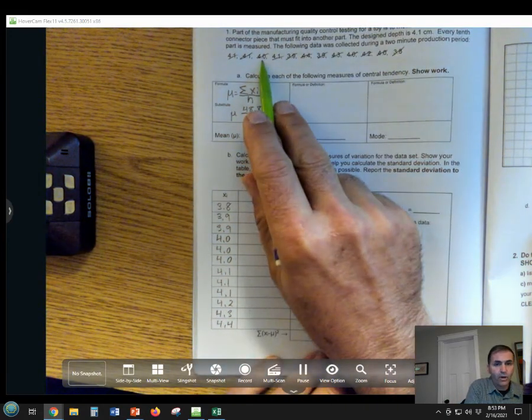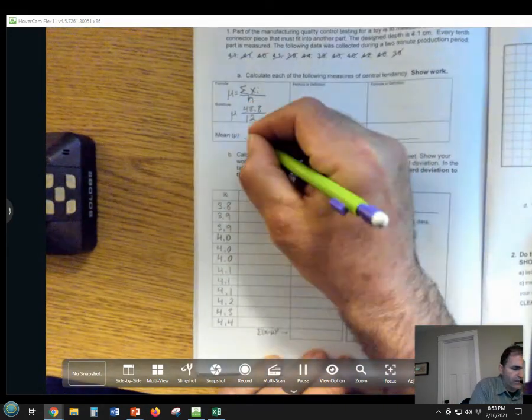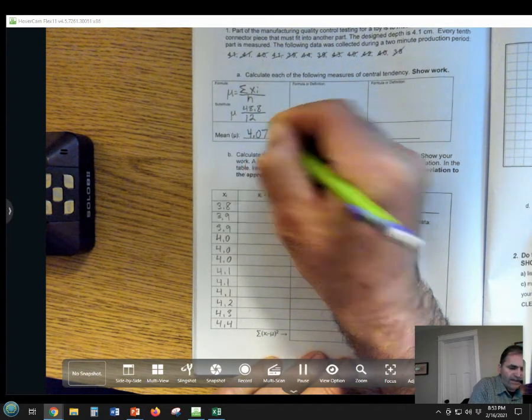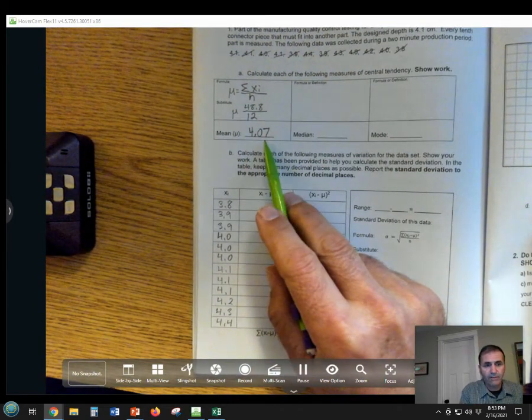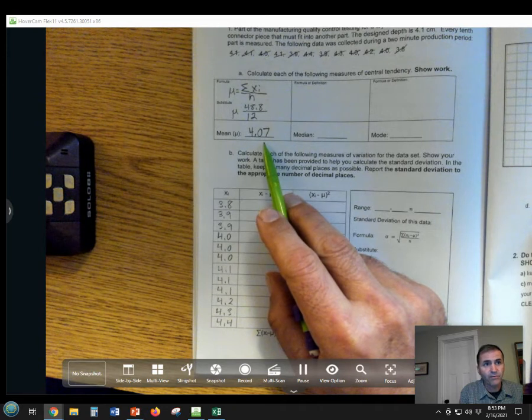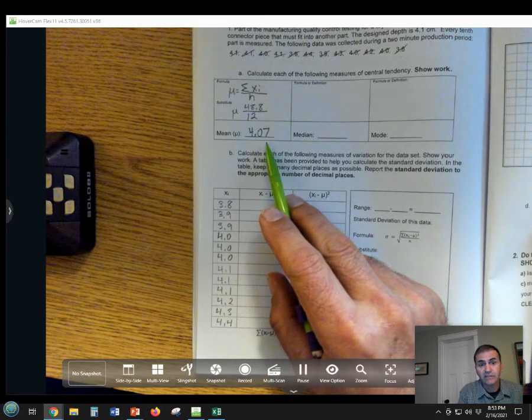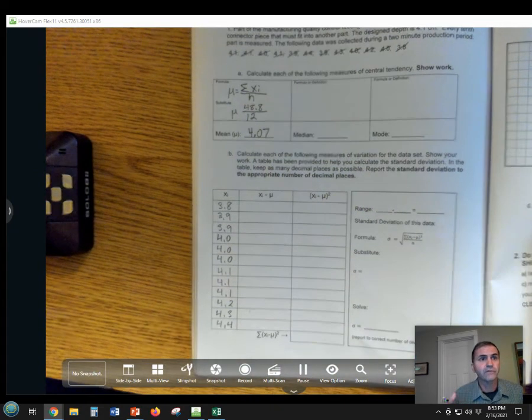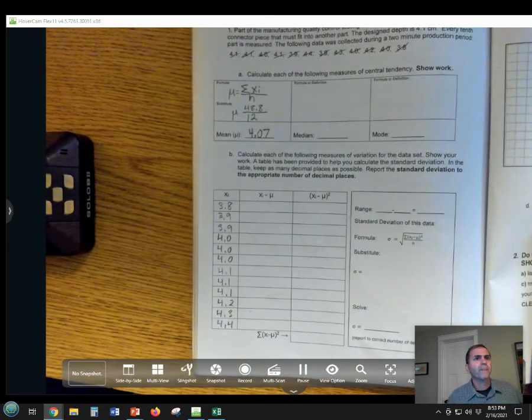Our data set has 1, so we're going to go to 2. So that would be rounded to 4.07. If you wrote down 4.06, I don't know why. Students always want to round 4.066 to 4.06. 6 rounds up, folks.